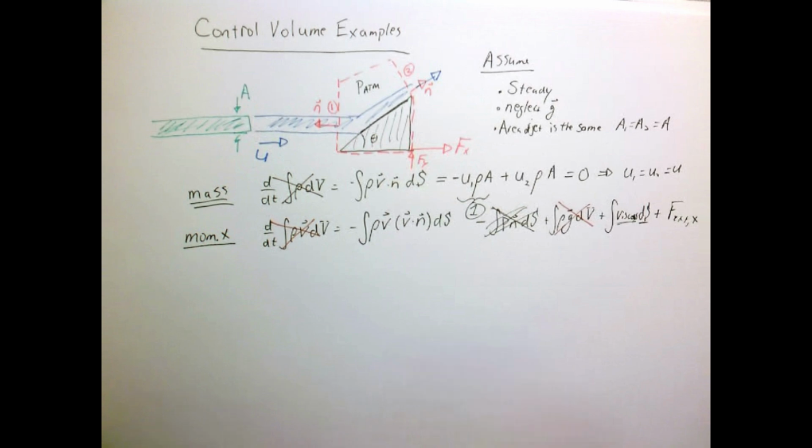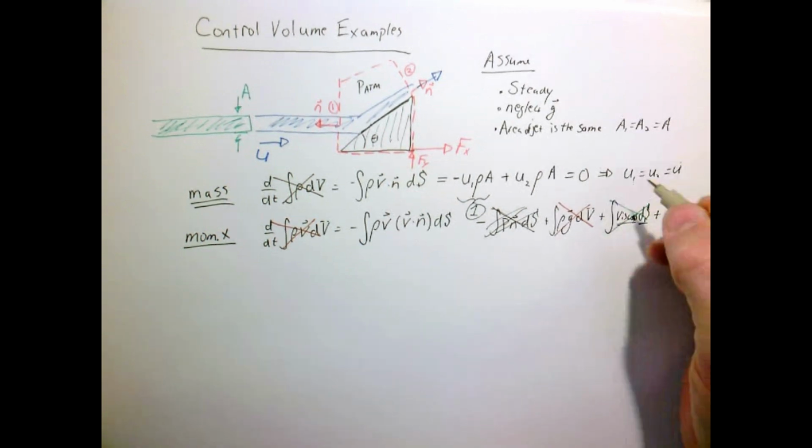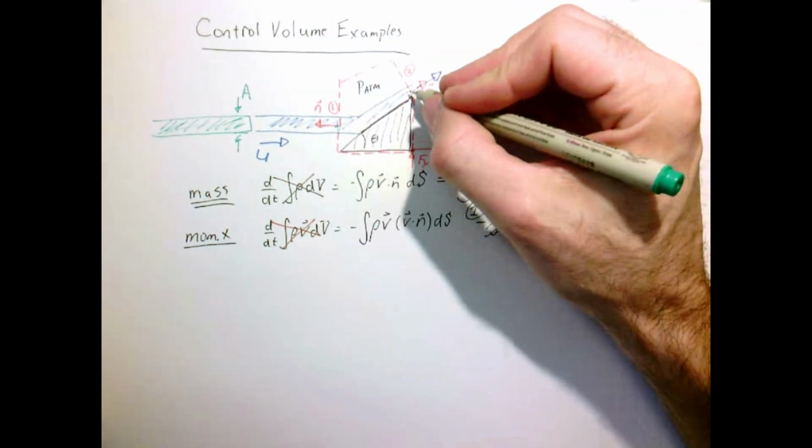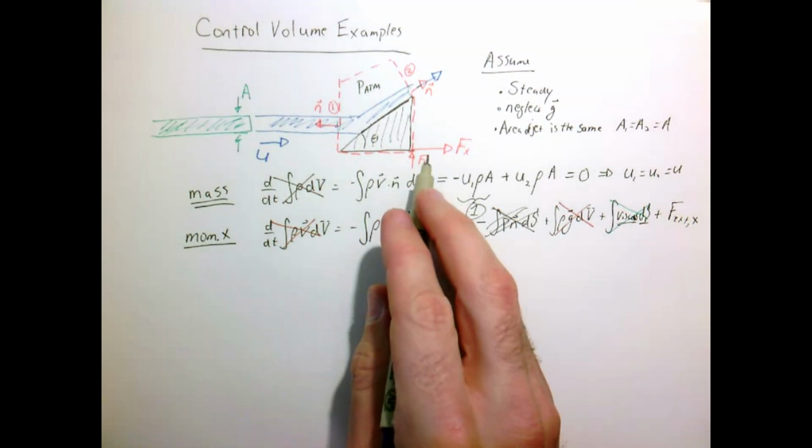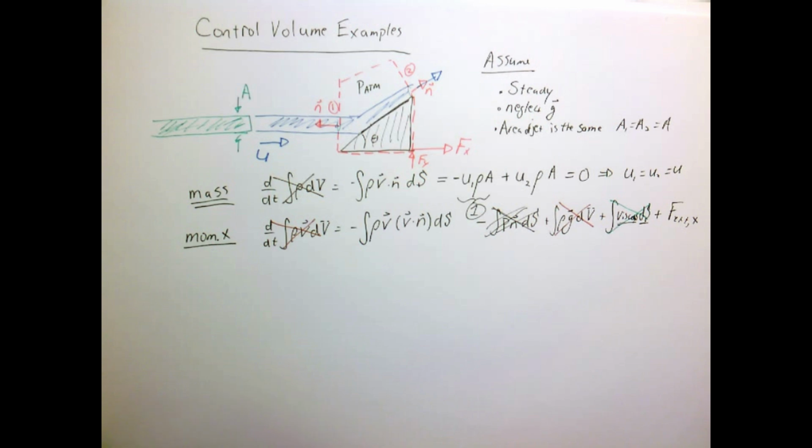So along the surface, the viscous stresses are 0 because we're just looking here and here. And so any viscous stresses would be wrapped up into the external force. Now this is a little bit subtle, so we'll deal with this in the next problem. But let's just move forward saying there are no viscous stresses on the surface of our control volume.